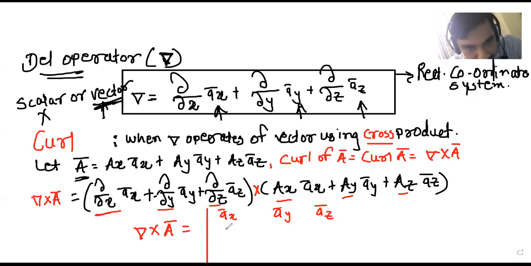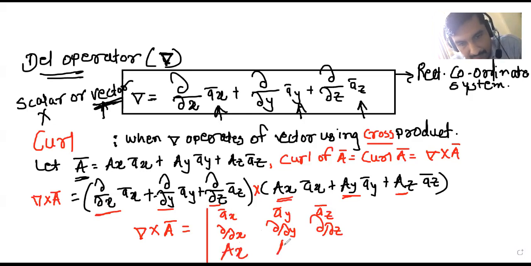So this is dou by dou x, dou by dou y, and dou by dou z. So this is the second row. Third row, in that case, was bx, by, bz. Here in this case, it is ax, ay, az. So this is the final answer for the curl.